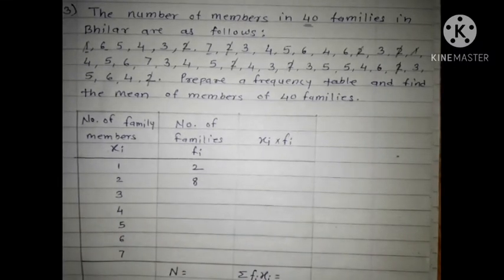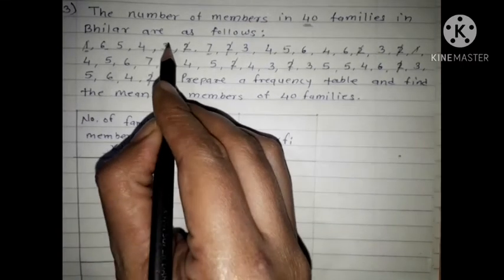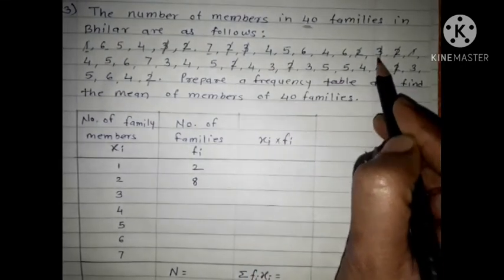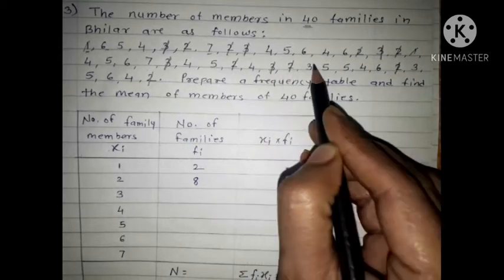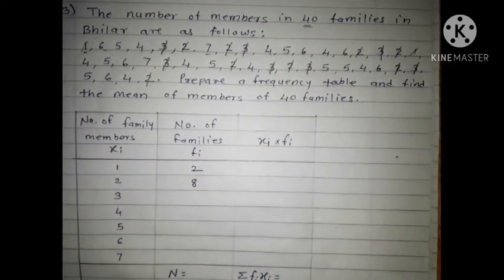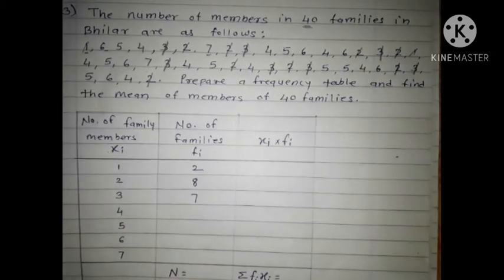Now we calculate the number of families having 3 family members. Count 1, 2, 3, 4, 5, 6, 7. The total is 7 families having 3 family members.